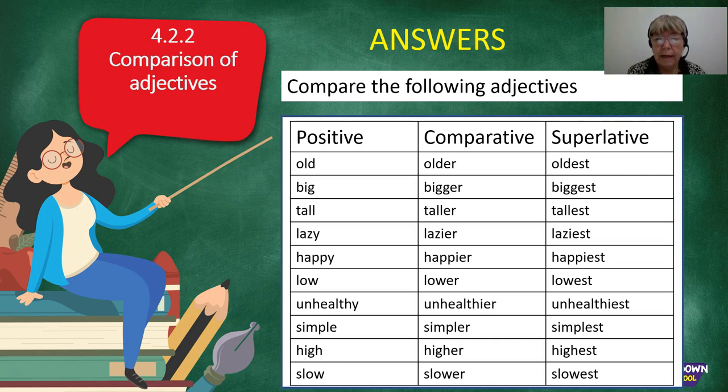Lazy, lazier, laziest. Happy, happier, happiest. Low, lower, lowest. Unhealthy, unhealthier, unhealthiest. Simple, simpler, simplest. High, higher, highest. Slow, slower, slowest. If you made a spelling mistake, we'll still give it to you as long as you got that er and that est right.